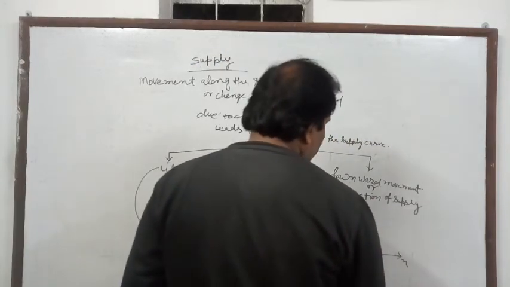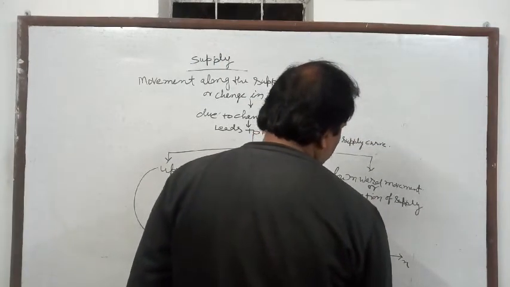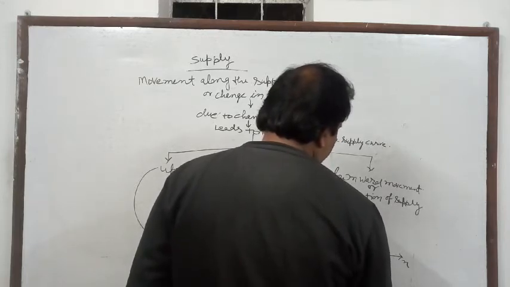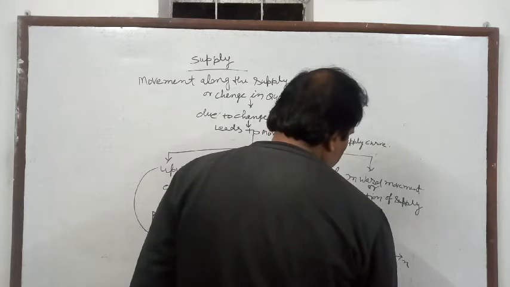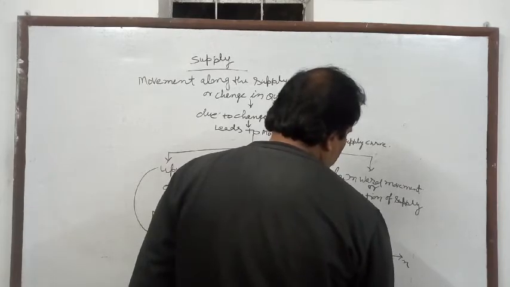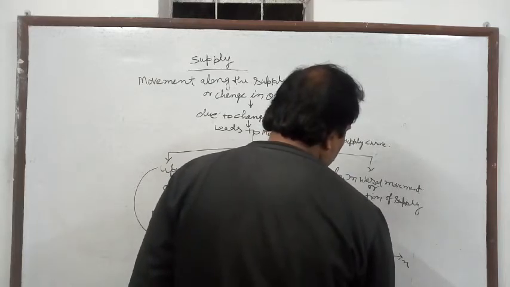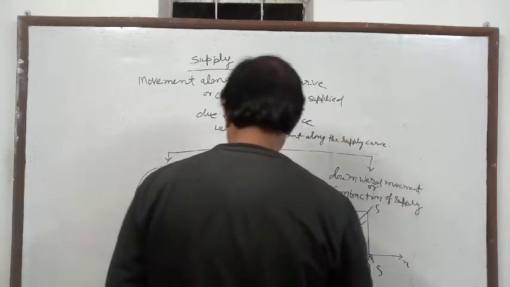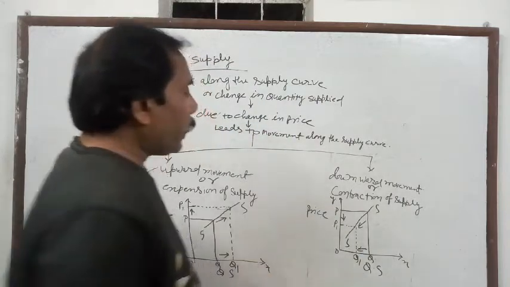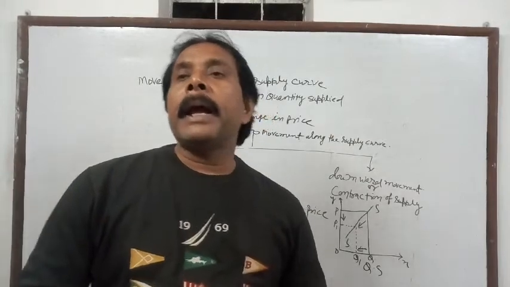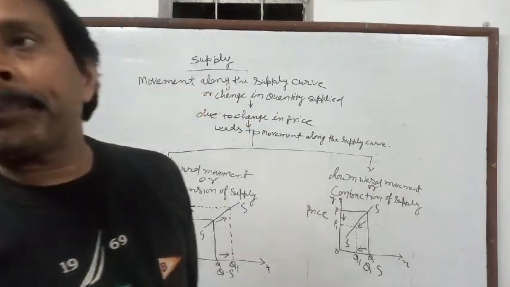Now the price has reduced from OP to OP1, and that's why the quantity supply has also reduced from OQ to OQ1, and here the supply curve moves downwards. So it is known as contraction of supply, and the other as expansion of supply.